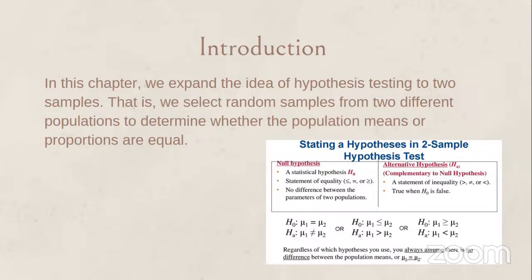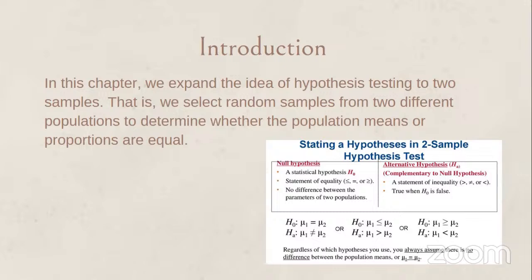The second one is the alternative hypothesis, complementary to the null hypothesis. It is a statement of inequality: larger or more than, not equal to, and less than. The alternative hypothesis is true when H0 is false.